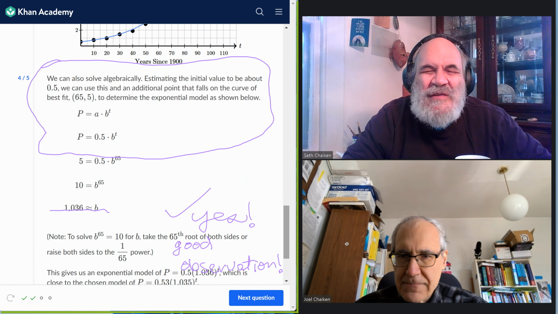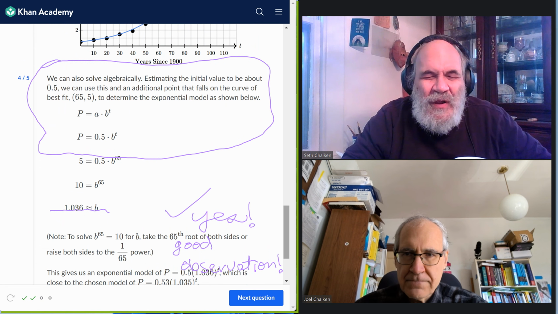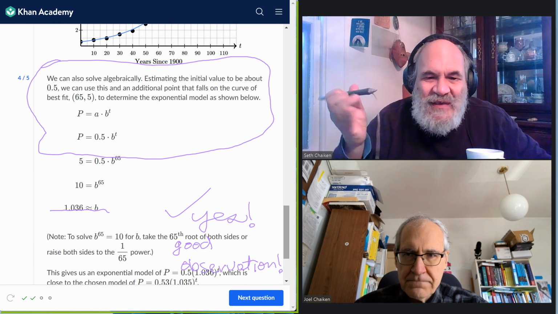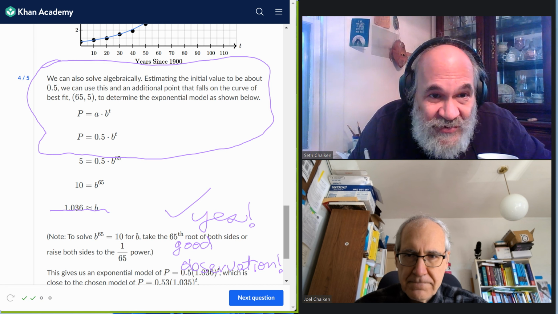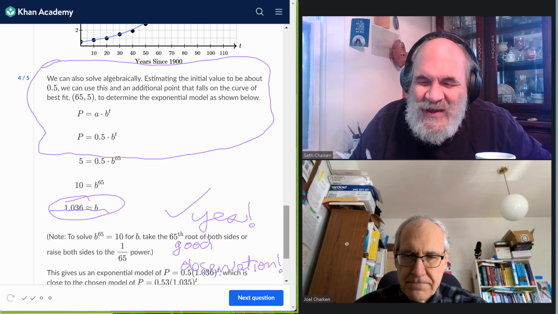The first approach to solving a problem, the one we're taught in school, is to use algebra to invert the relationship and get an answer: B equals the answer.